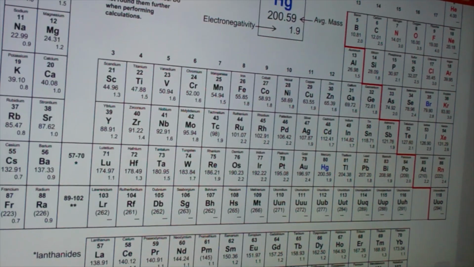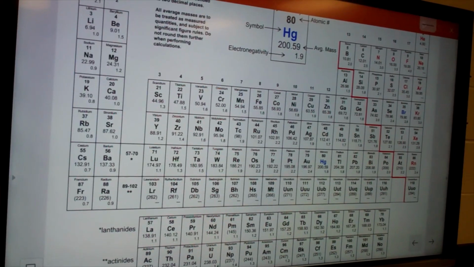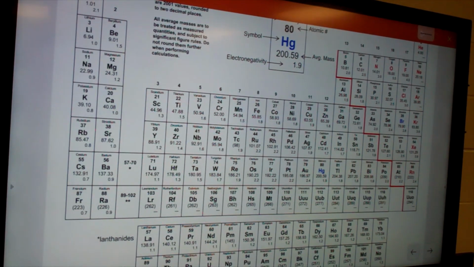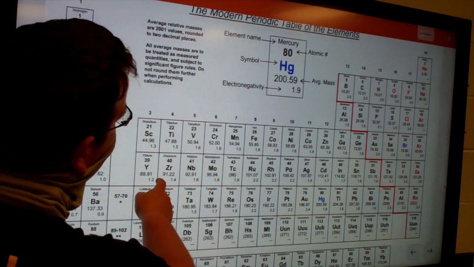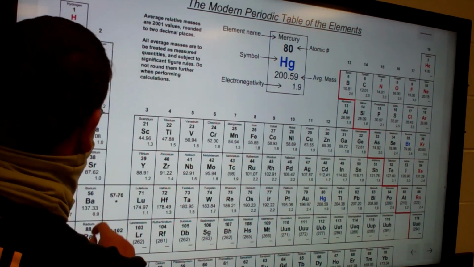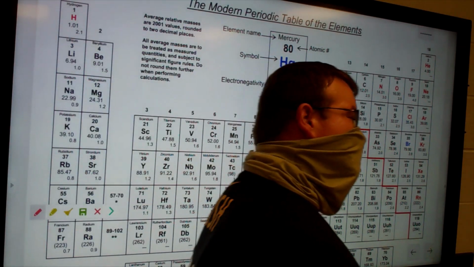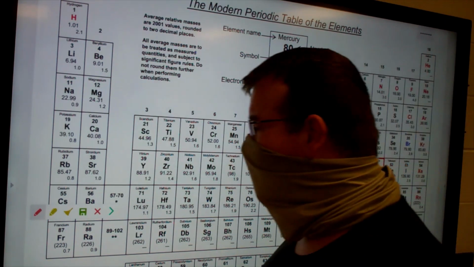Well, if we're going to use a periodic table, I think we should look at one. Okay, here we go. Are you ready? So, first thing to know, when you're looking at ions forming, forget the transition metals.